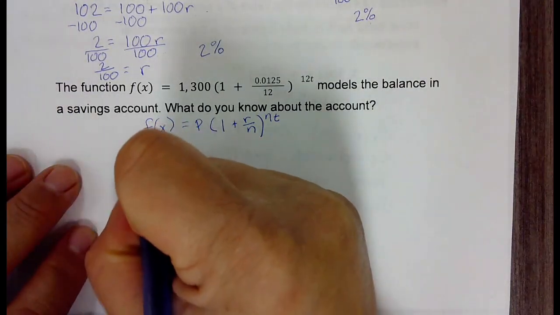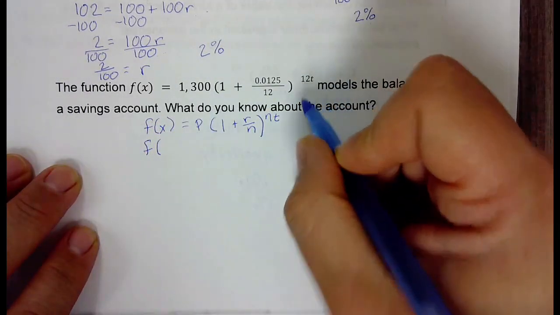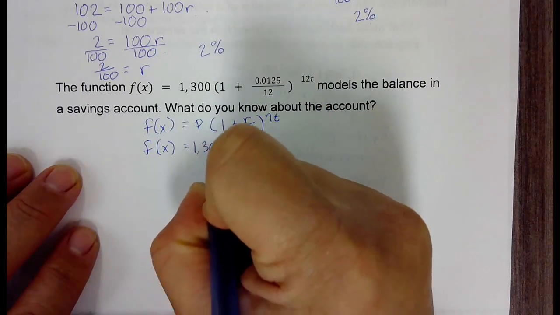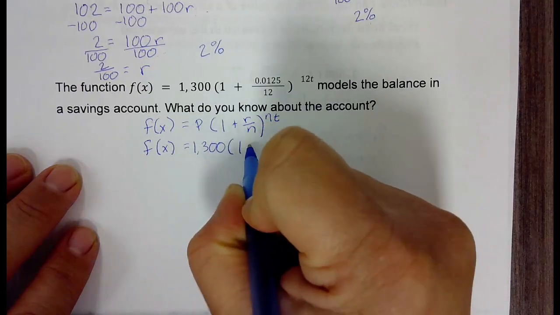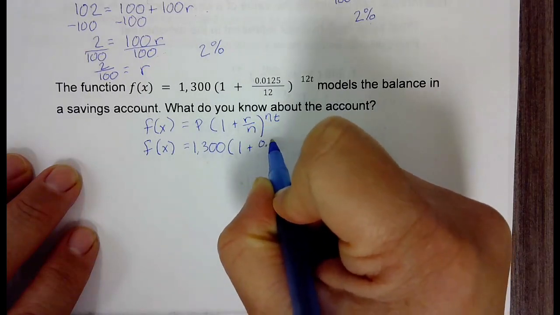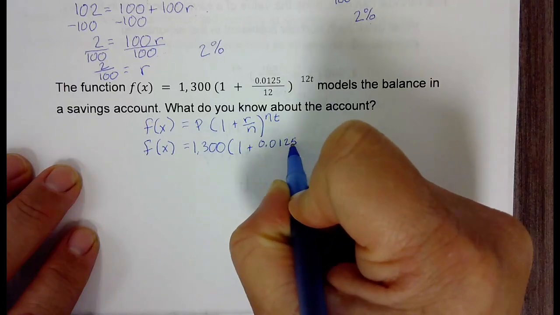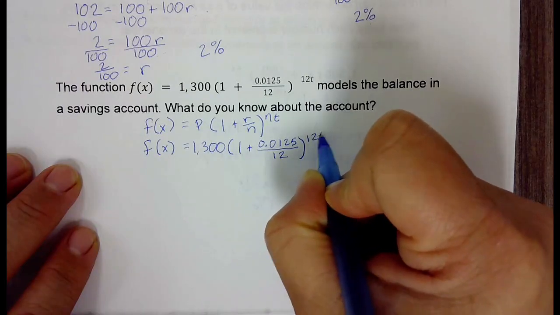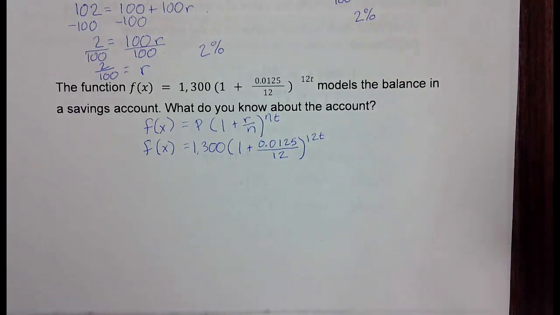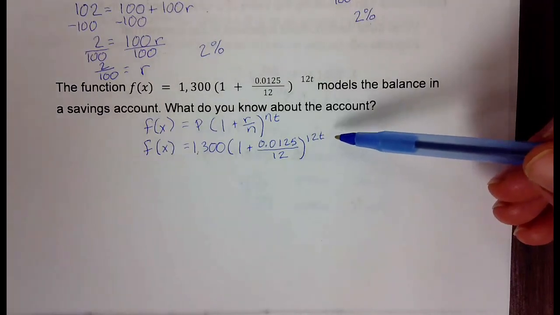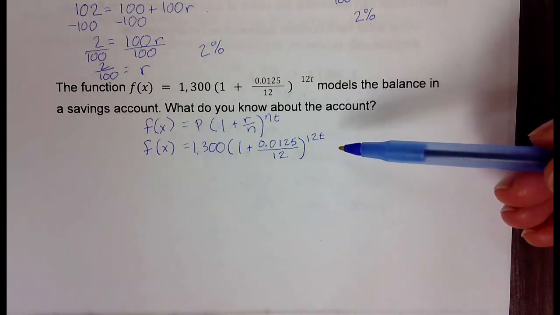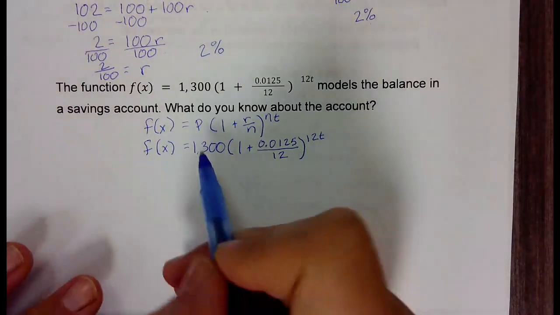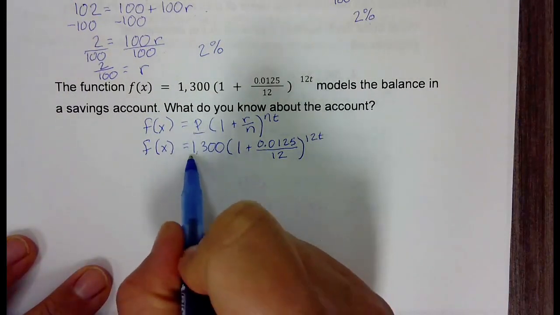And I know, based on this right here, f of x equals 1,300 times 1 plus 0.0125 divided by 12 to the power of 12 times t. So I know one thing I don't know right now is t, how many years it was in the account. But I do know p, the principal.